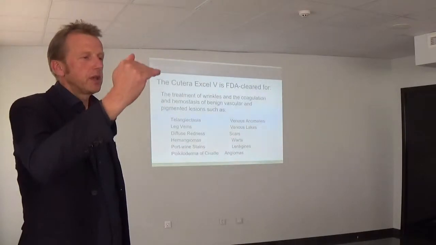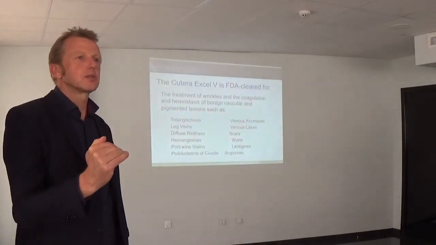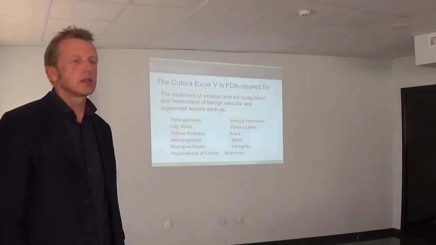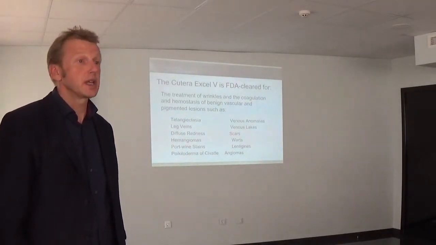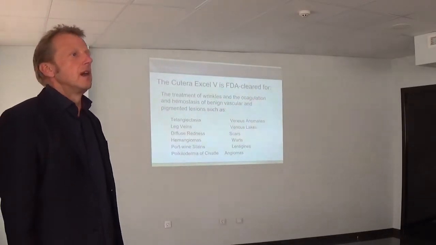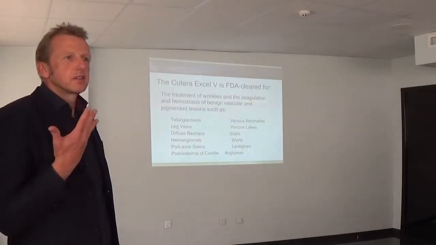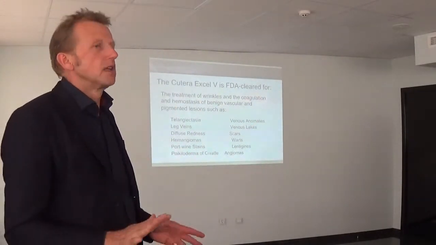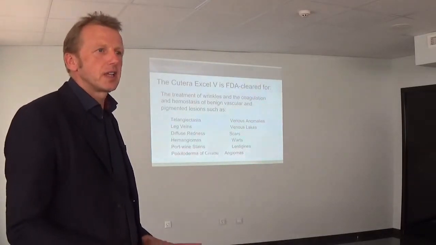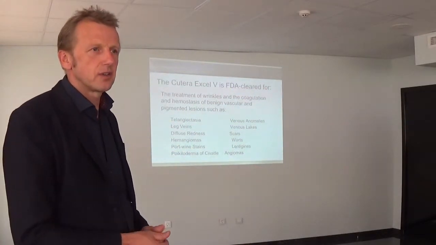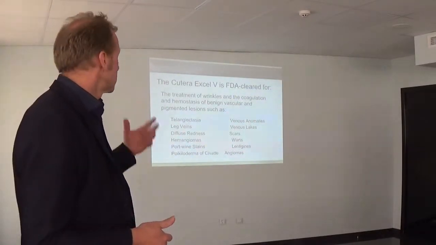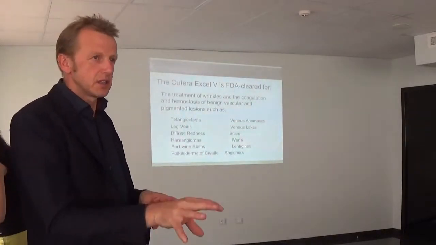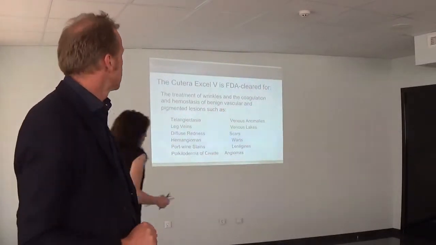If we go beneath this threshold of 6 millisecond pulse duration, we have almost all the time this purpuric reaction, if we want it. Of course, for a simple superficial couperosis or telangiectasia, you don't need that purpuric reaction because it just extends your recovery time. But you're able to play with those parameters, like spot size, independently of each other.